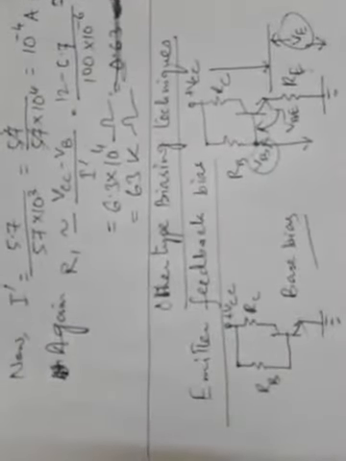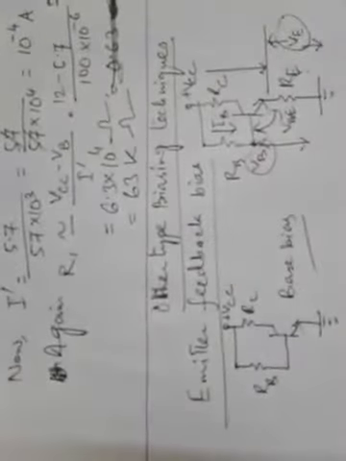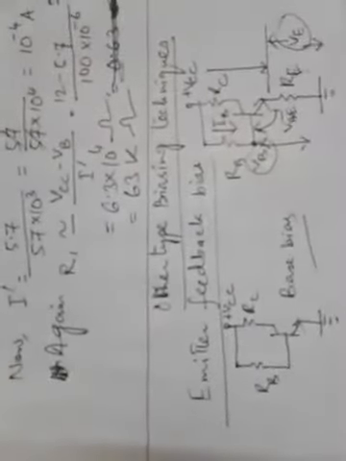The drop across RB being less establishes the fact that IB, which flows through this RB and produces the voltage drop IB-RB, will become less. That means IB will become less in turn.